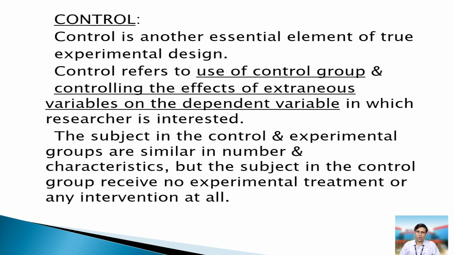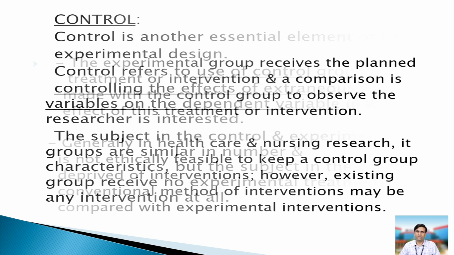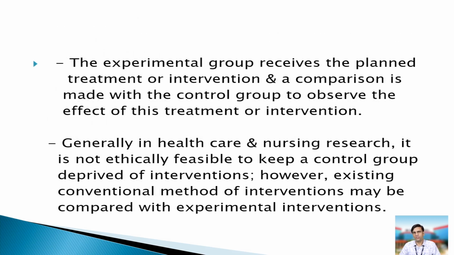The experimental group receives the planned treatment or intervention, and a comparison is made at the end of the study with the control group, to see the difference of result in the experimental group and control group, to observe the effect of this treatment or intervention.